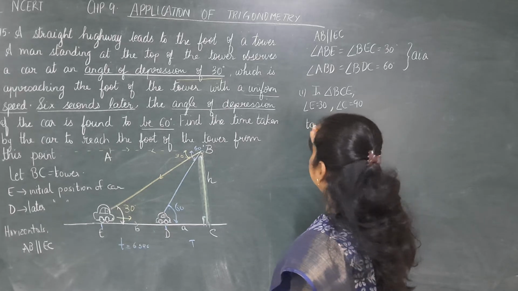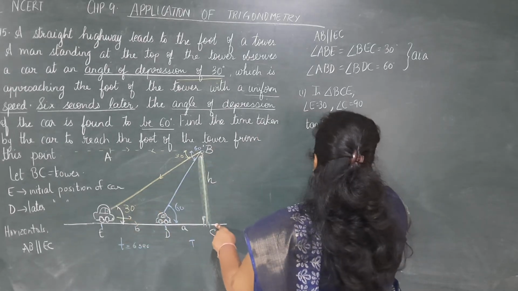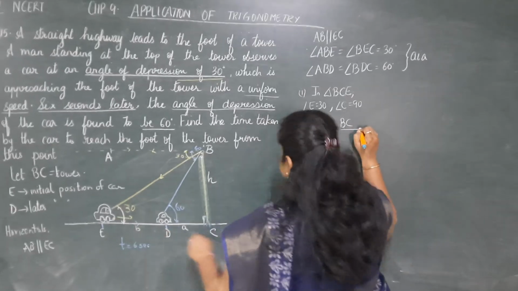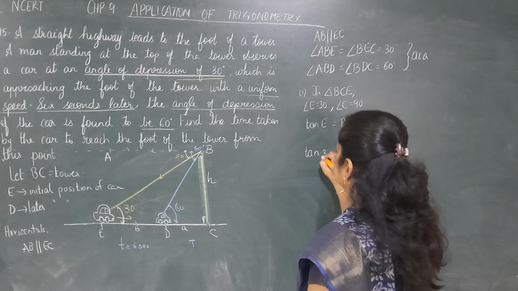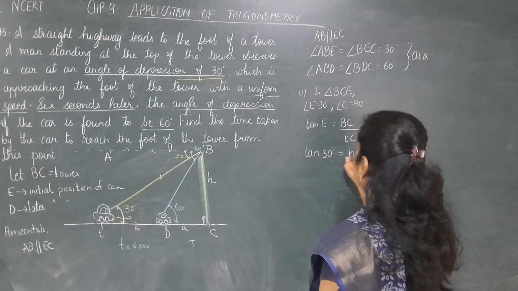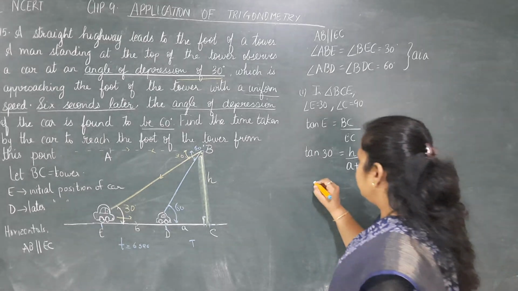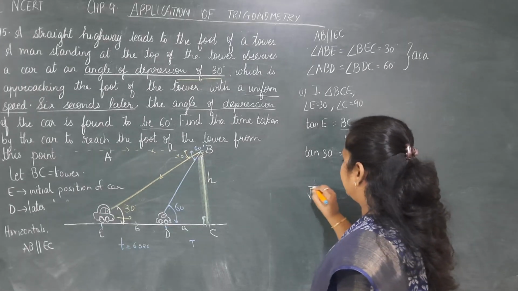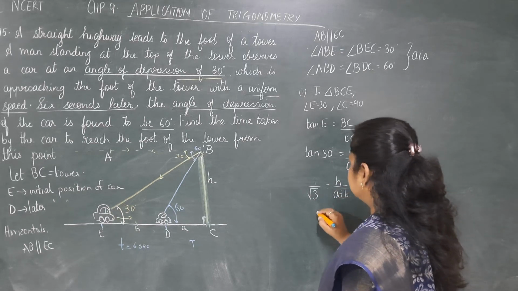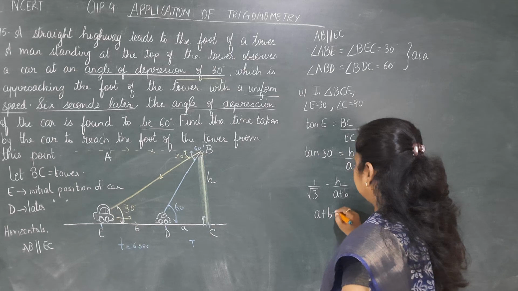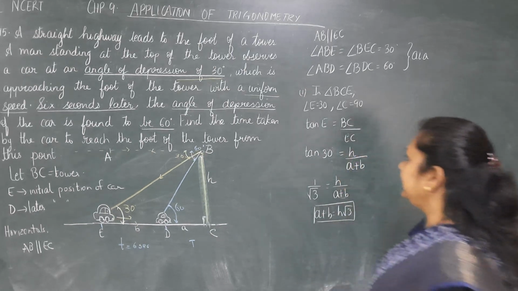So we have tan E, which is the opposite side BC upon the adjacent side EC. E is 30, BC is h and EC is a plus b. So tan 30 is 1 by root 3 equals h upon a plus b, and we can say that a plus b is h times root 3 when we cross multiply.